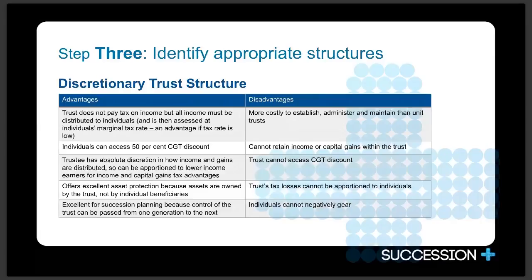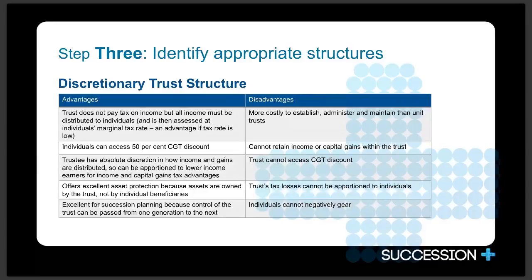The trustee has discretion. So the word discretionary is really important here. In a fixed unit trust, if I have 50 units and Fred has 50 units, there's no possibility other than to pay Fred $50 and me $50 if we're paying a $100 distribution. In a discretionary trust, we can do that quite differently. We might pay me $80 and Fred $20.